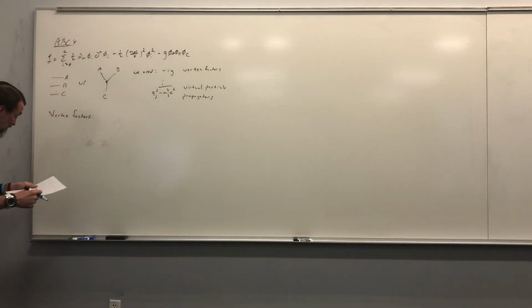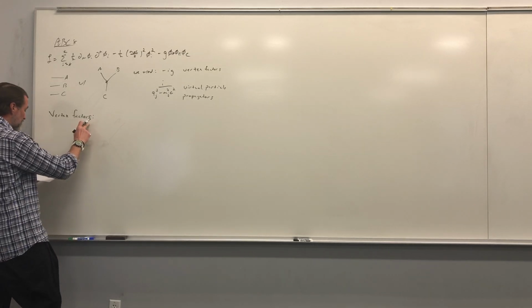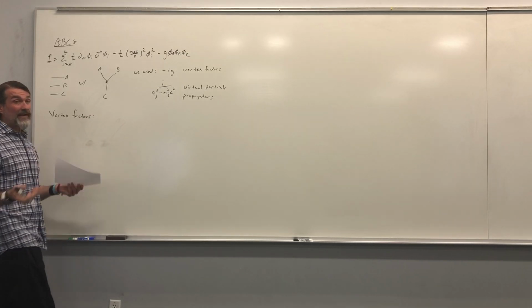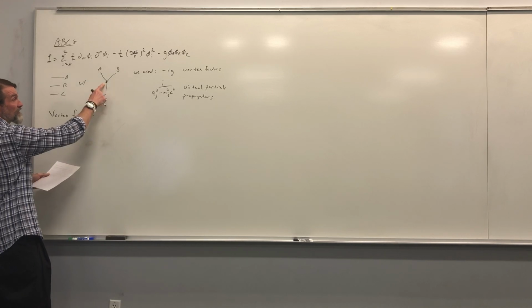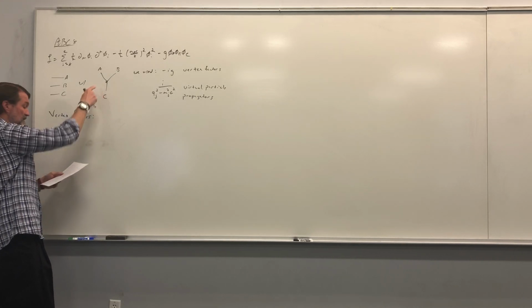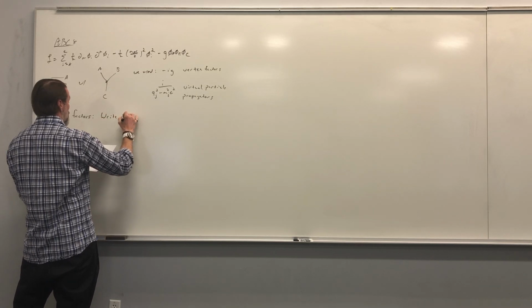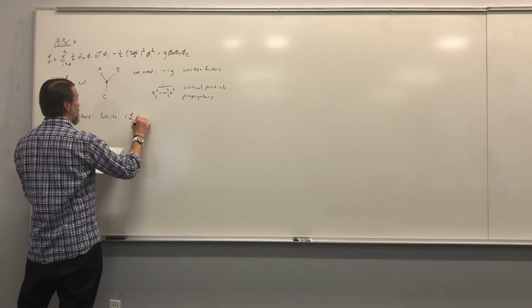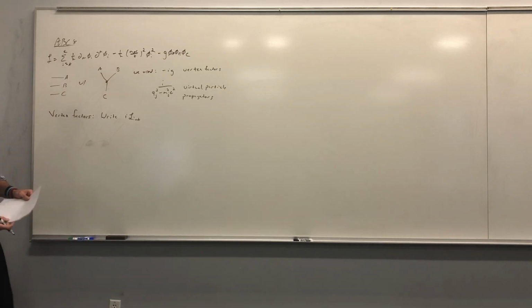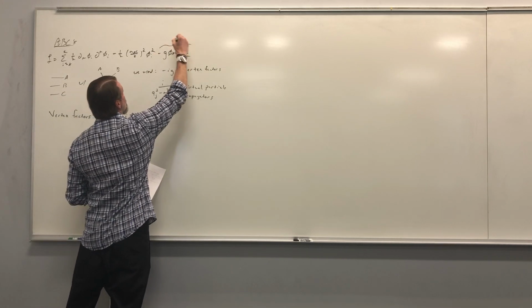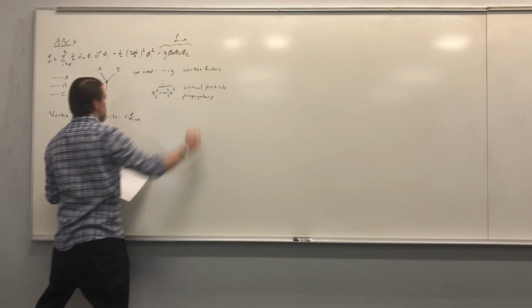If ever you have a general Lagrangian, then for the vertex factors associated with interactions, because remember vertices indicate interactions, in any Lagrangian, you write i times the interaction term in the Lagrangian, what we would call L_interaction.